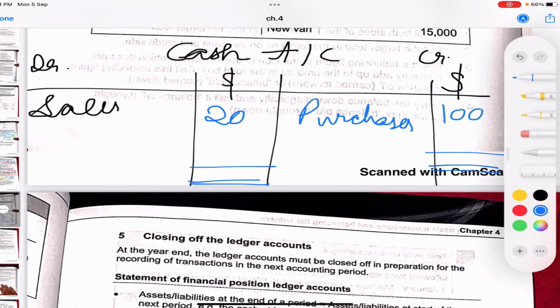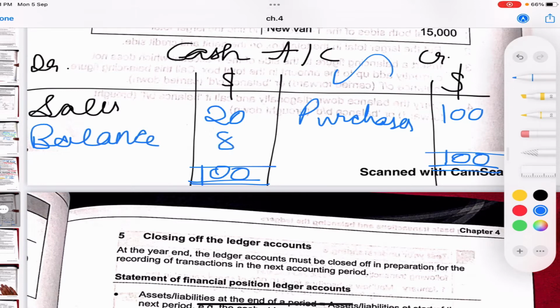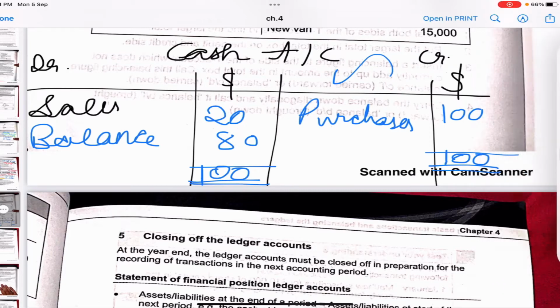Which side's total is more? This time the credit side total is more, so the total comes down here, and total comes down here. Now instead of doing the balance here, we will do the balancing here, which will be nothing but 80. So this is how it works. This is how you do balancing of any account. Now let's read the theory.